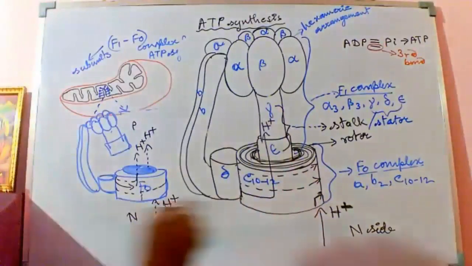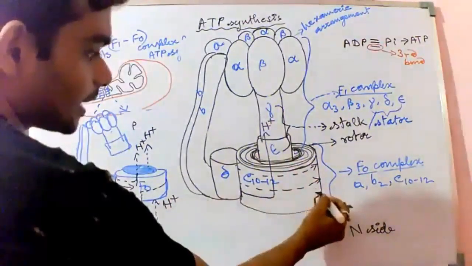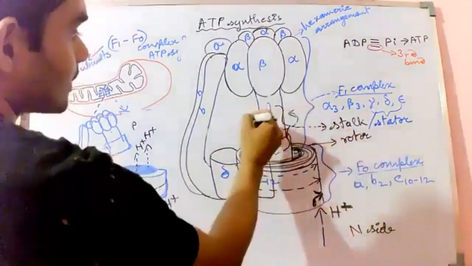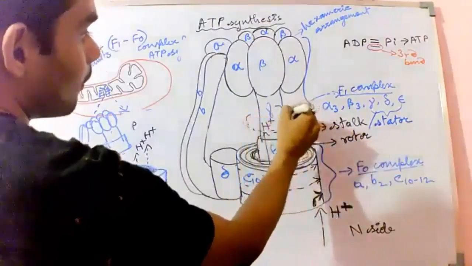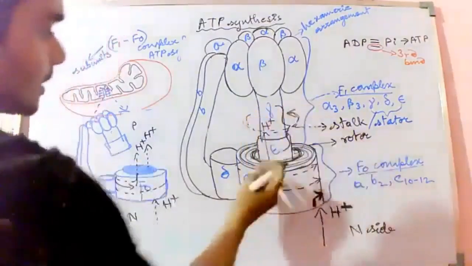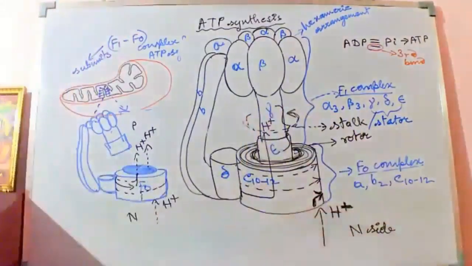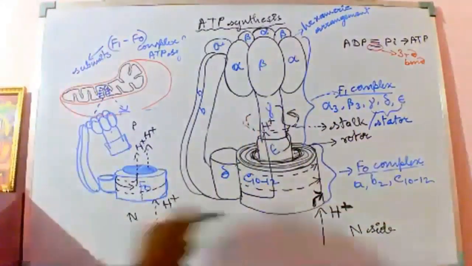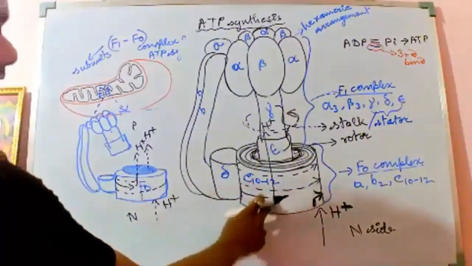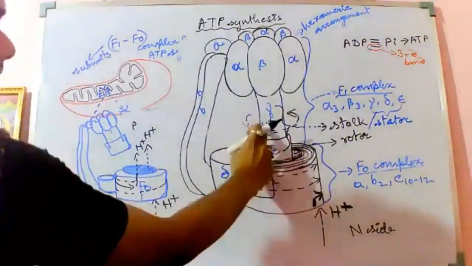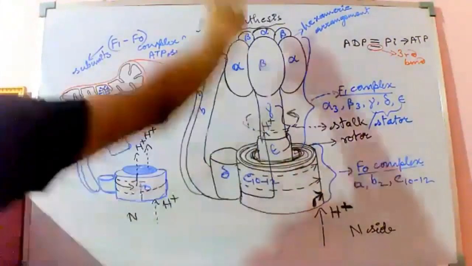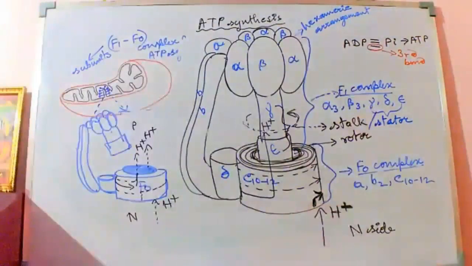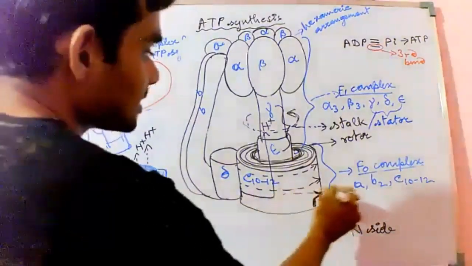Are you able to understand which direction it is rotating? Like this. After completing almost one 360-degree turn, due to the centripetal force, the H plus ions are being pumped upward. Not tangentially, sorry, but normal to the tangent, because tangentially means it would go in this direction.